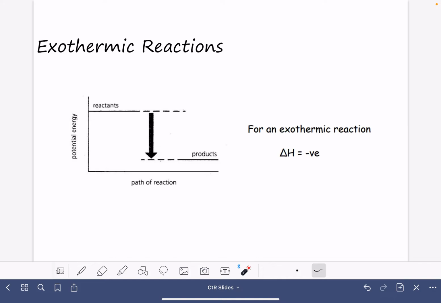So in an exothermic reaction, our reactants have a specific energy and our products have a specific energy. And something happens that will force the bonds in the reactants to break and then form in a different way, creating the products. Now, the height of that curve is going to depend on which bonds need to be broken.